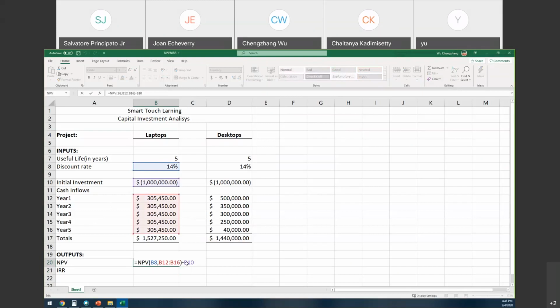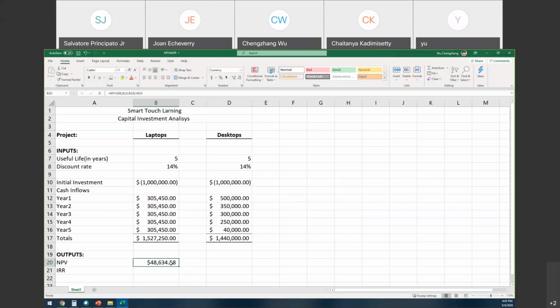Oh, not subtract, but add this amount, because the number in B10 is already a negative value. Okay, this is how you calculate NPV for the laptop project.